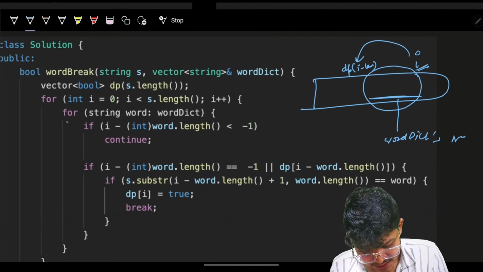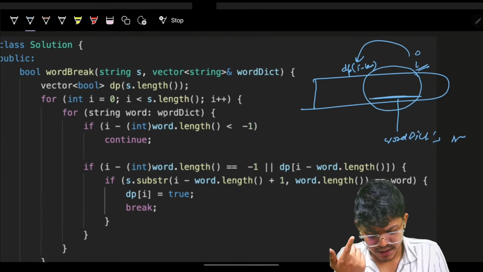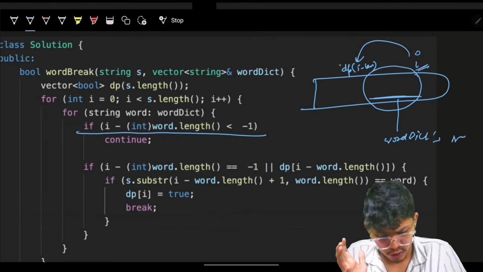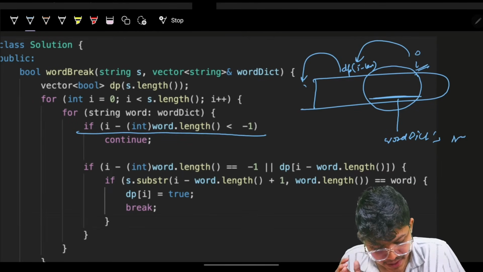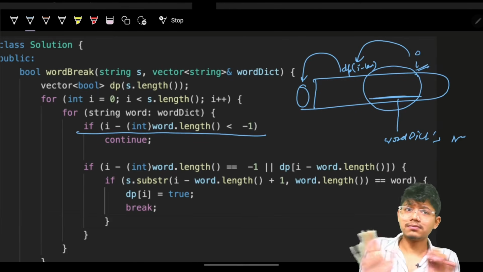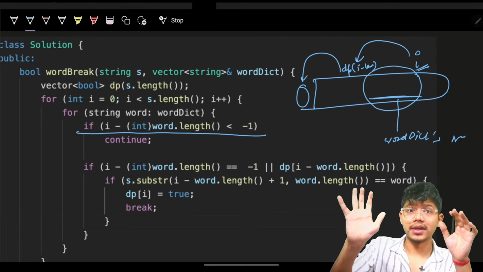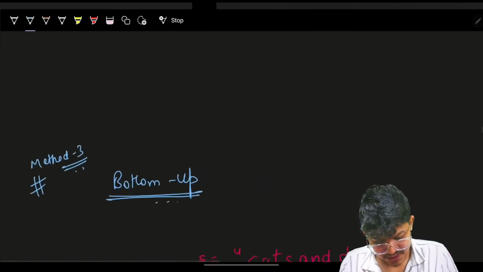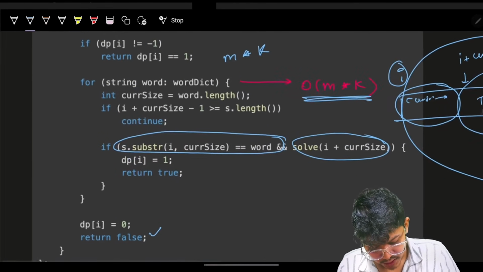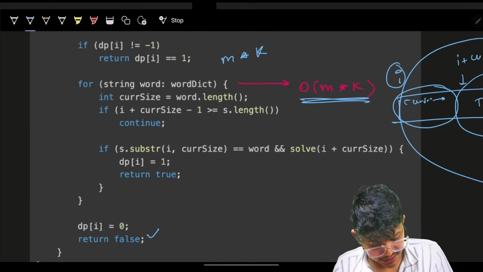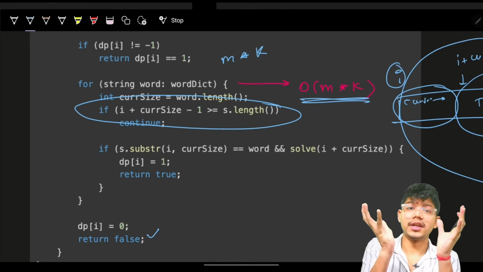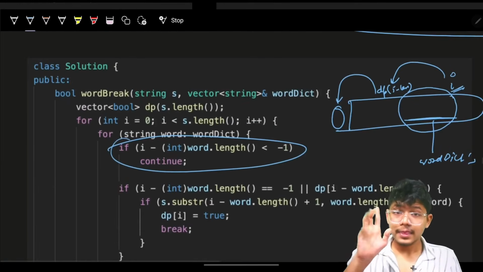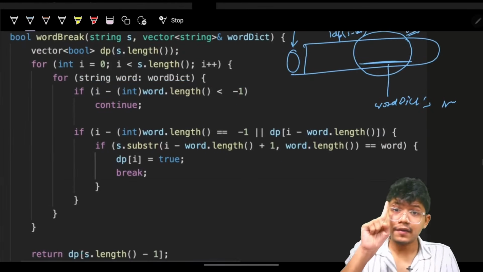Firstly I have a quick check: if i minus word length is less than minus 1, which means I'm checking a very big string, then simply continue. This is the exact same case we saw earlier: if it is a big string, don't compare, simply move forward. Now if it's an okay string, I first have a quick condition.